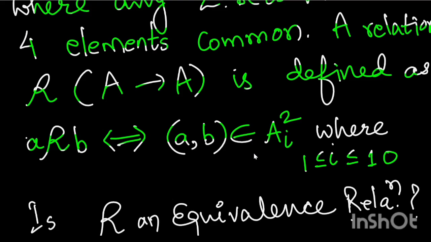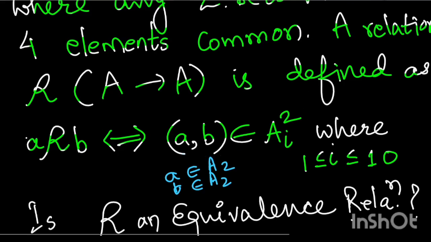For example, if A belongs to A2, then B should also belong to A2. That is the meaning of this statement, guys. So now the question is, is this an equivalence relation?